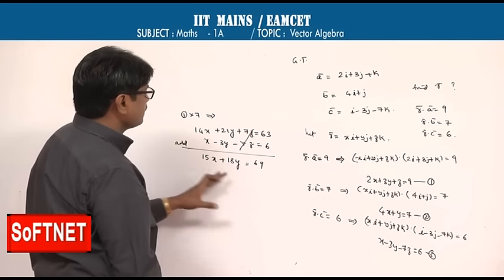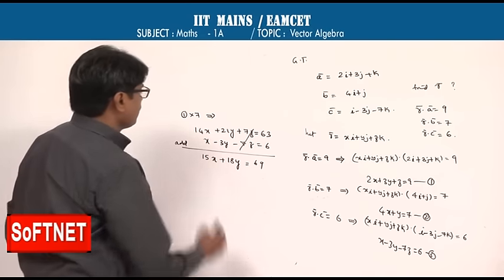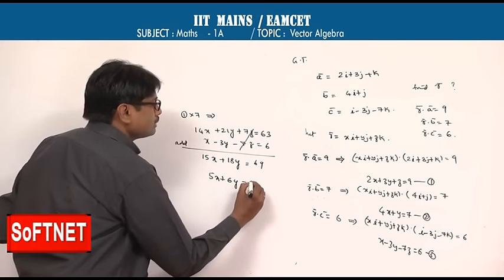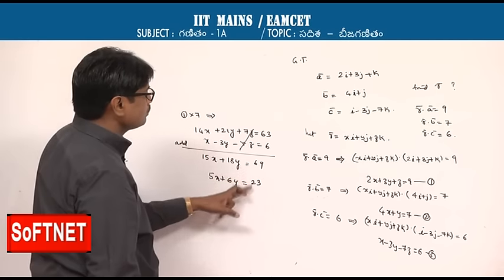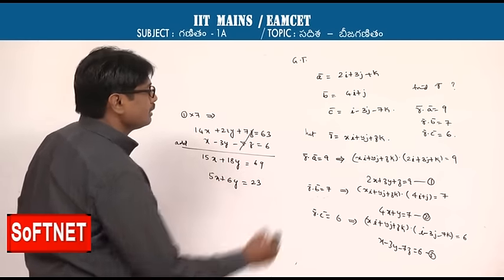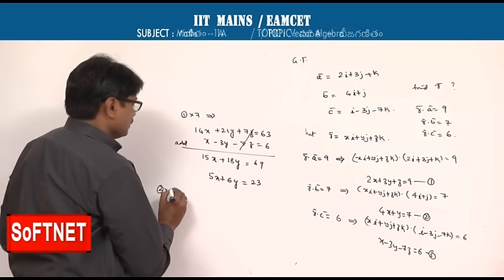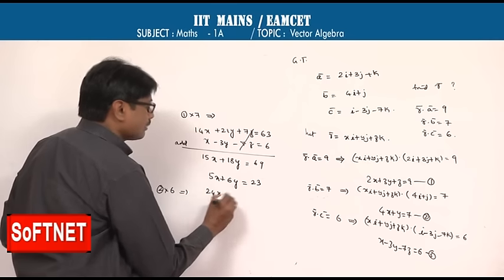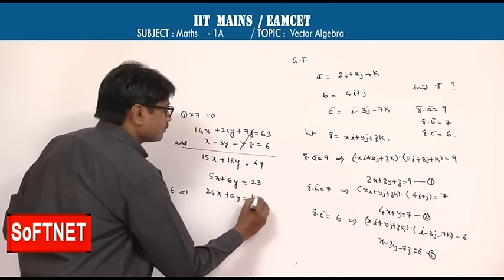15 times of x, 18 times of y, both of them are divisible by 3. So 5 times of x plus 6 times of y is equal to 23. Now the second equation, multiply the second equation with 6, then it will be 24 times of x plus 6y is equal to 42.